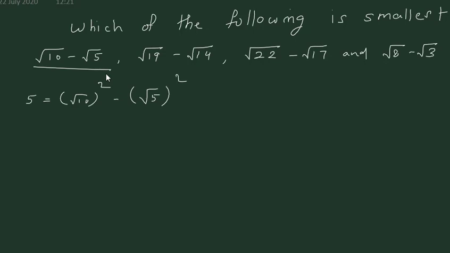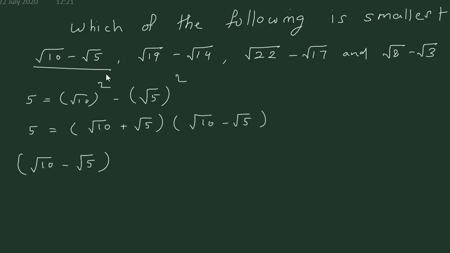So I have 5 is equal to root 10 squared minus root 5 squared. Using a square minus b square, you can write it as a plus b into a minus b. So root 10 minus root 5. From here I will get the value of root 10 minus root 5. The value of root 10 minus root 5 is 5 upon root 10 plus root 5. This is the value of root 10 minus root 5. I will say that this is equation 1.